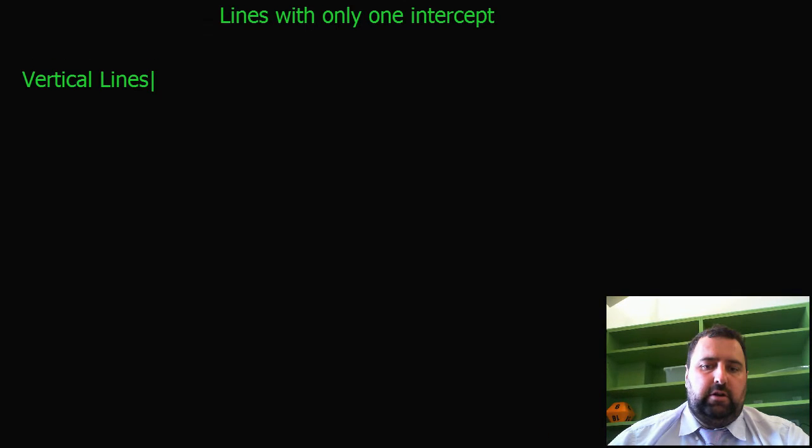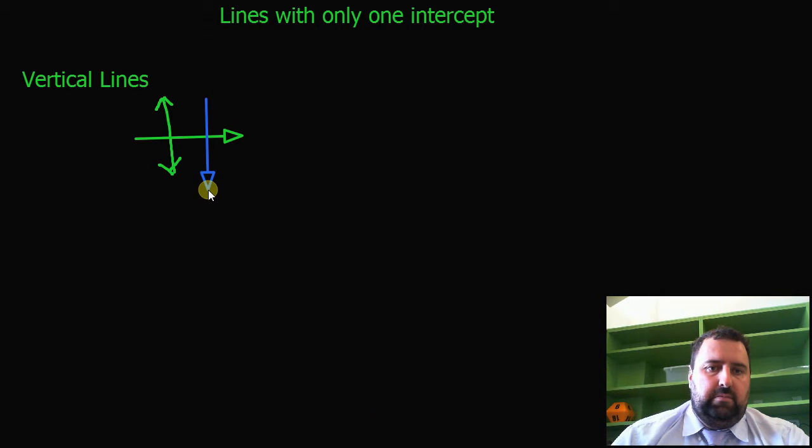So a vertical line, if I draw my axes, oh that's terrible. Let's try actually drawing a straight line. Okay, so a vertical line, I'll draw my vertical line in blue.